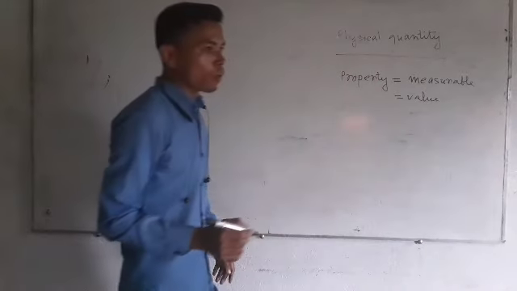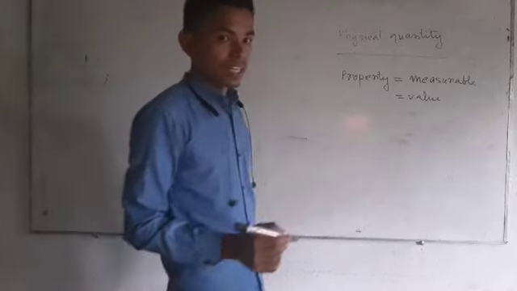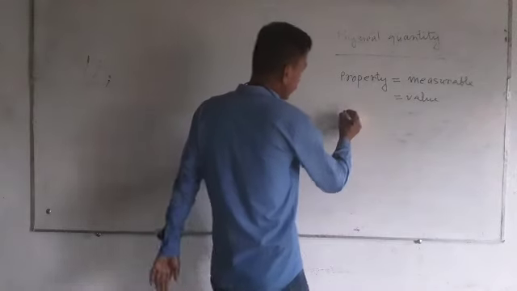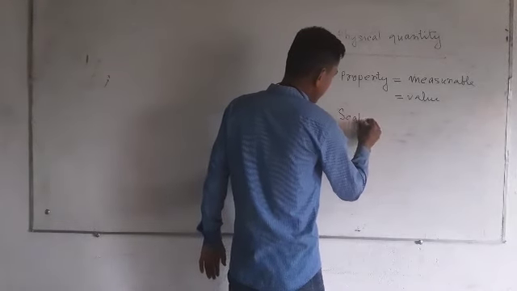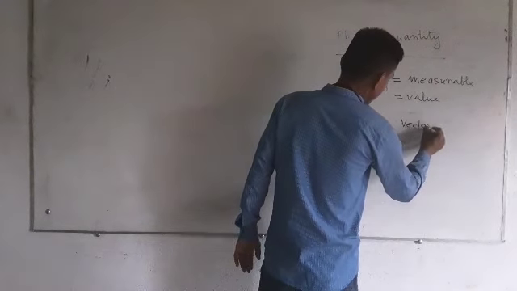Physical quantities are of two types. At the foundation level, we have to discuss physical quantity. One is called scalar quantity, and another is called vector quantity.